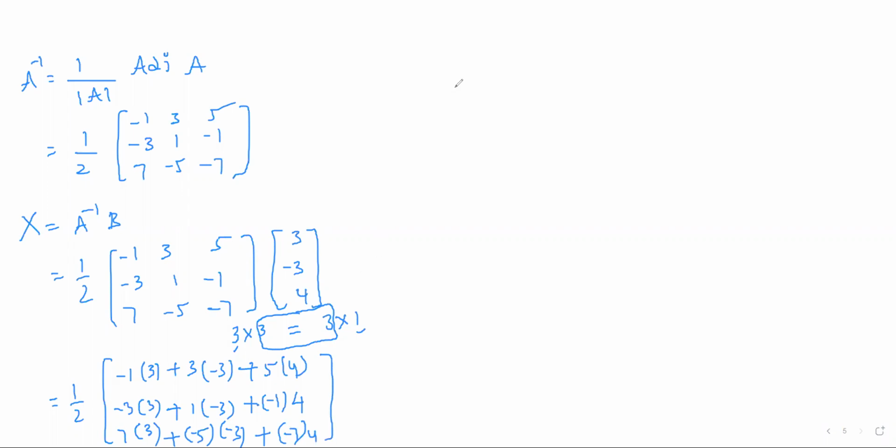That is nothing but 1/2 into, simplify చేద్దాం, minus 3 minus 9 plus 20. Next minus 9 minus 3 minus 4. Next 21 plus 15, minus 3 into minus 5 is 15, minus 28.